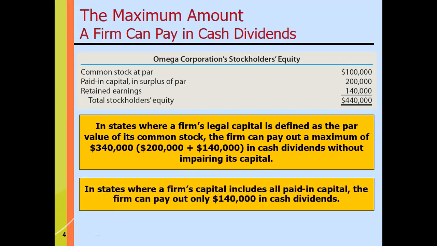So in states where a firm's capital includes all paid-in capital, the firm can pay out only $140,000 in cash dividends. This is in the United States. The first concept, the legal capital, is what is actually applied in the Philippines.